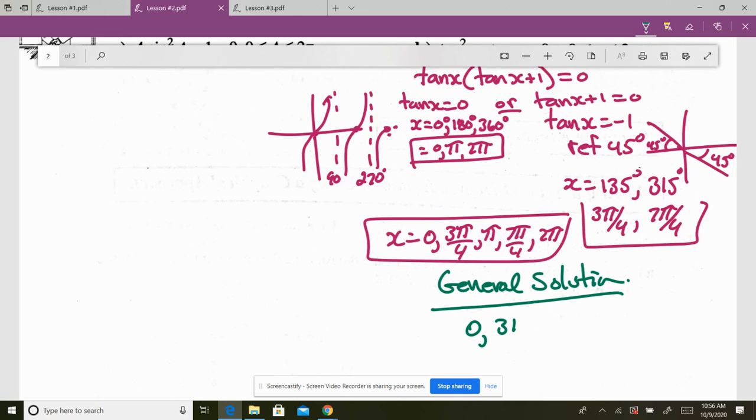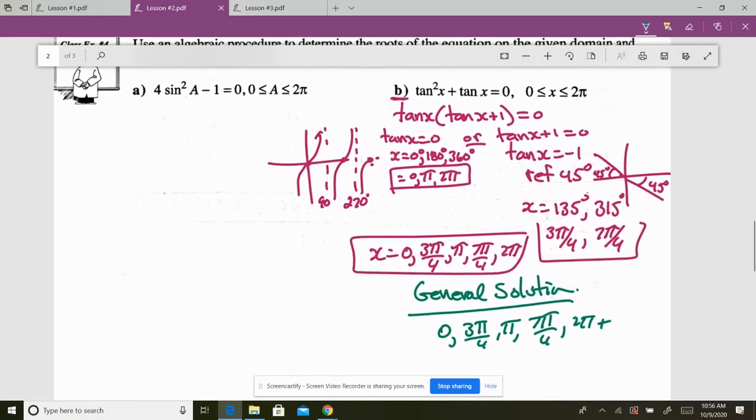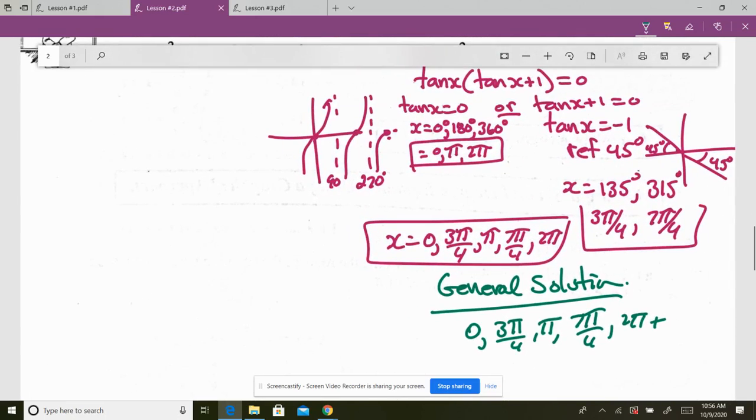I'm just going to use all of these, plus what? Sorry? Just pi. Why is it just pi? Because it's a tan graph, right? Remember, the tan graph has a period of pi. Remember that. So it's just n pi.